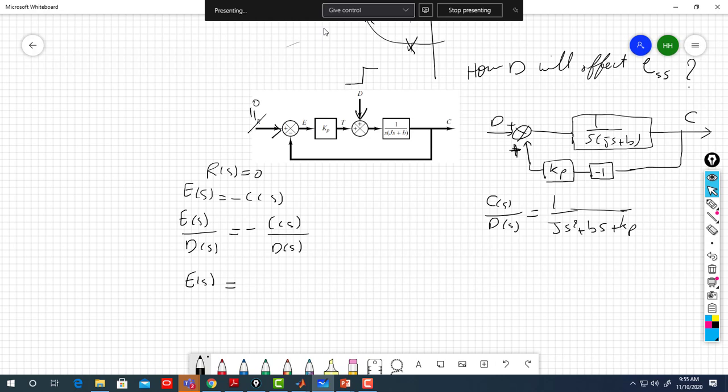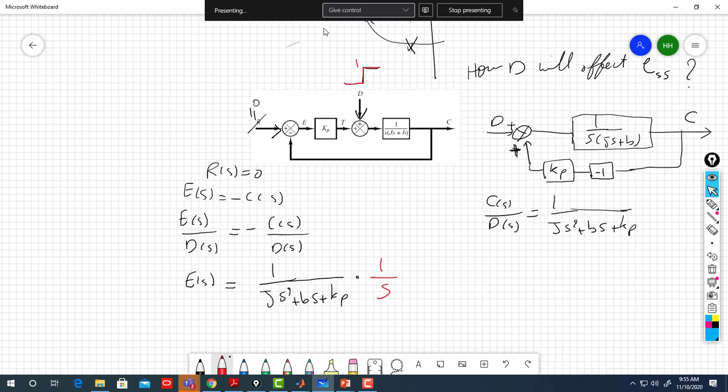So I need to find E of S, the Laplace transform: minus 1 over GS square plus BS plus KP times D of S. D of S is 1 over S if it is a unit step.